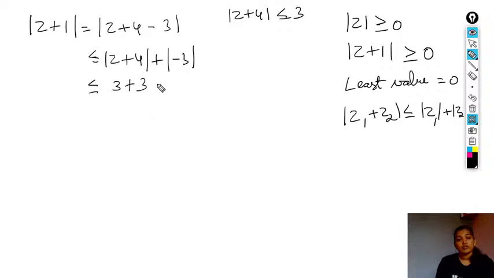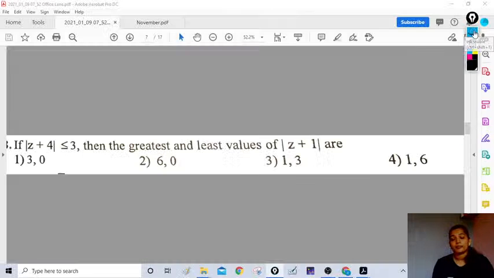So the value here will be equal to 6. So modulus of z plus 1 is less than or equal to 6, and it is greater than or equal to 0. So the right answer for this question will be option number 2, that is 6, 0.